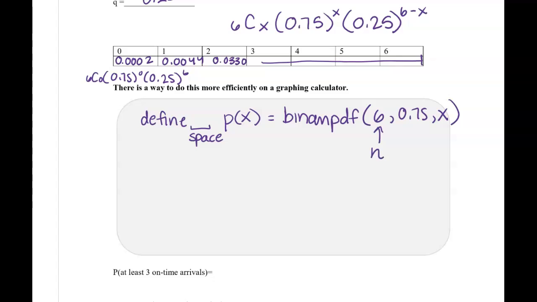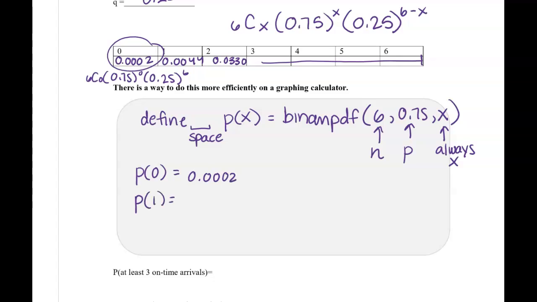So 6 is where we put our n. 0.75, that's where our p, or probability of success, will always go. And that x is just always x. So that's our variable. And then to find, for example, this number, after you put this in, you press enter. And then you do P of 0 equals, and that would have given you 0.0002. And P of 1, that would have given you 0.0044.